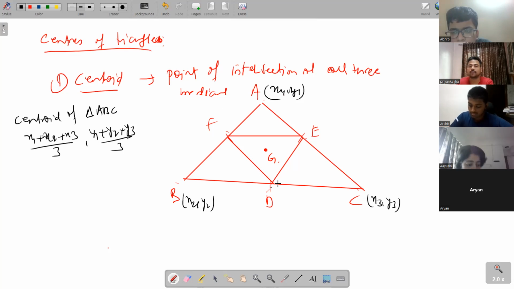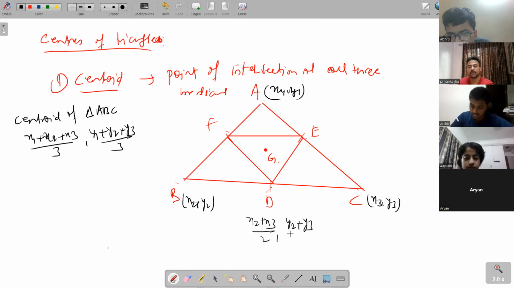Now you have to find the centroid of triangle DEF. To find it, you need the vertices. D is the midpoint of BC, so the coordinate of D is x2 plus x3 by 2 and y2 plus y3 by 2.